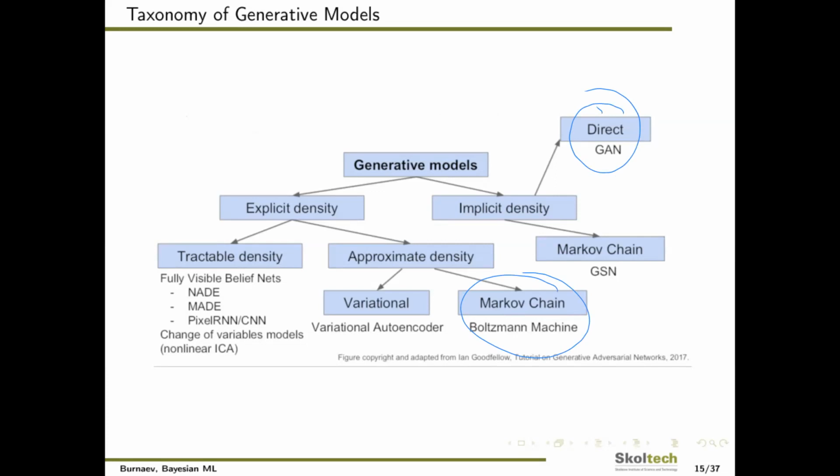Also, we can try to have some explicit models for our data, like tractable density. But today we will focus on the variational autoencoder, related to some approximation of the density with an additional assumption that it lies on some lower dimensional manifold.